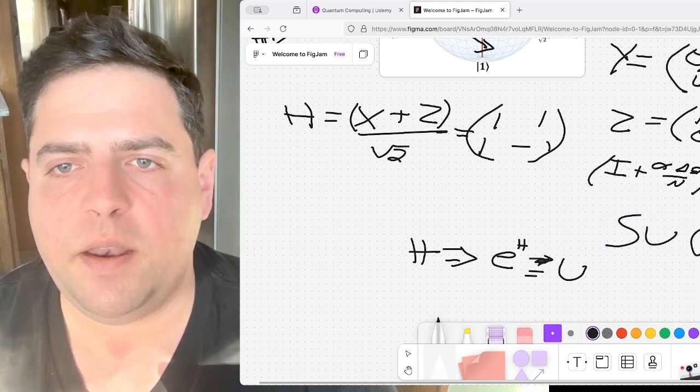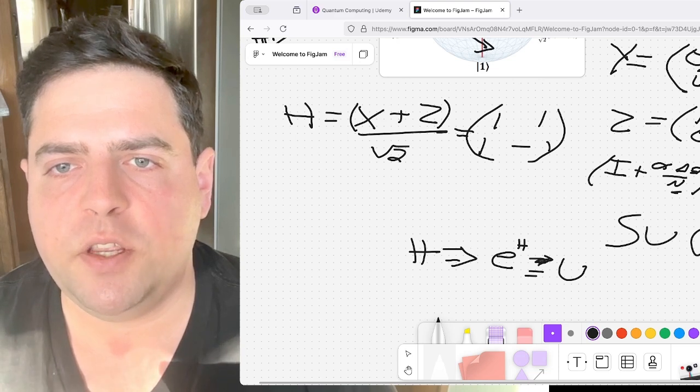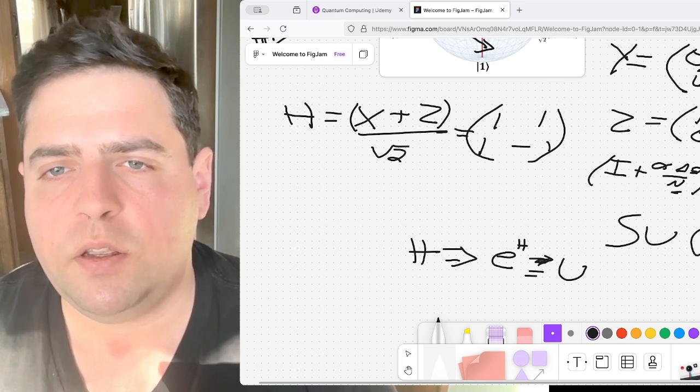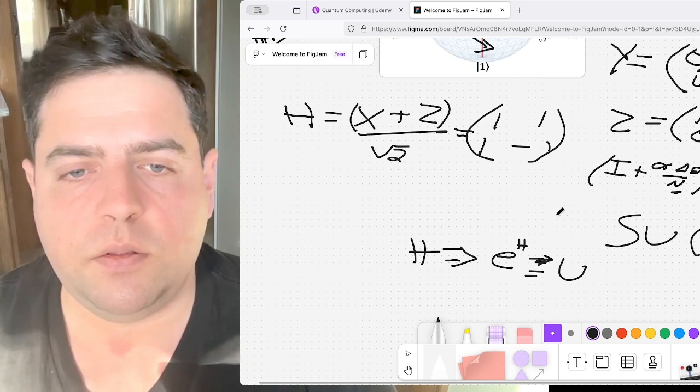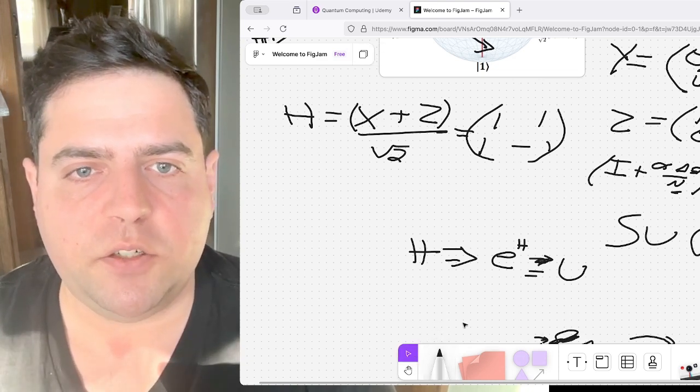Take (1 + x/n) to the power of n and keep making n larger and larger. So this gets bigger and bigger, this gets smaller, and there are more and more iterations. Eventually you'll get e to the power of x. That's the definition of the exponential function.